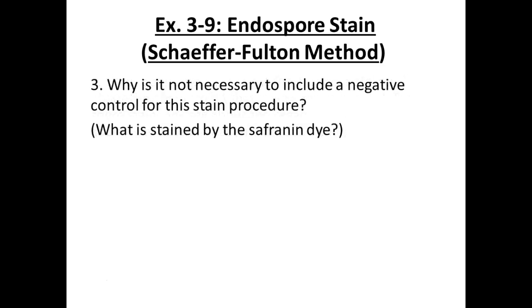So why don't we need to do a negative control? Because you should always see cells. If you don't see the cells, then something went wrong. So the cells themselves work as our negative control. What's stained by the safranin?